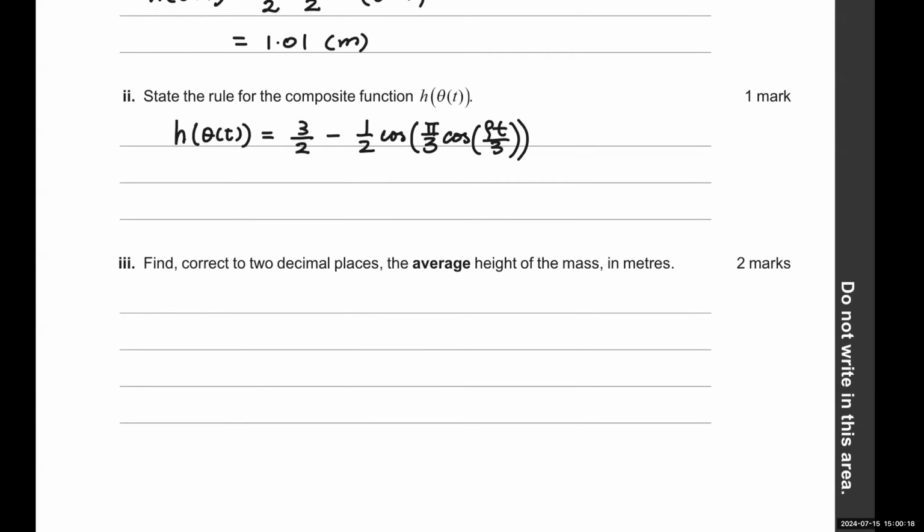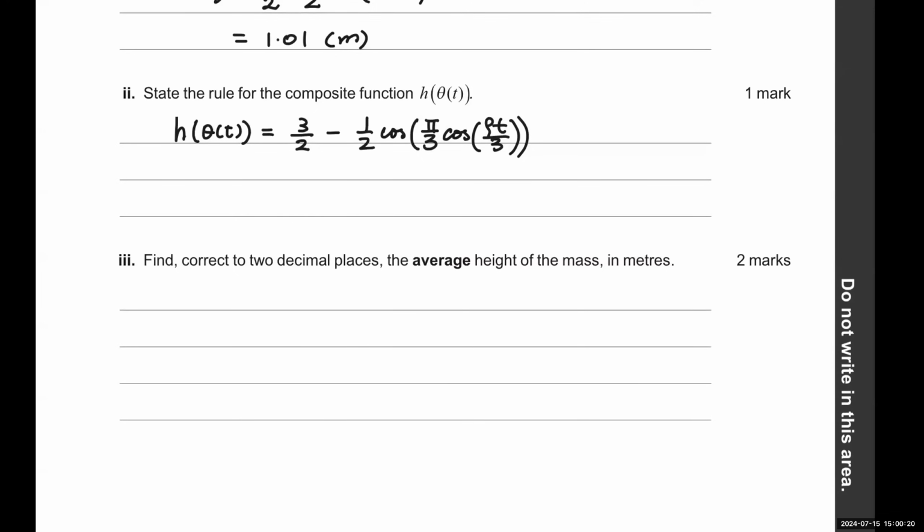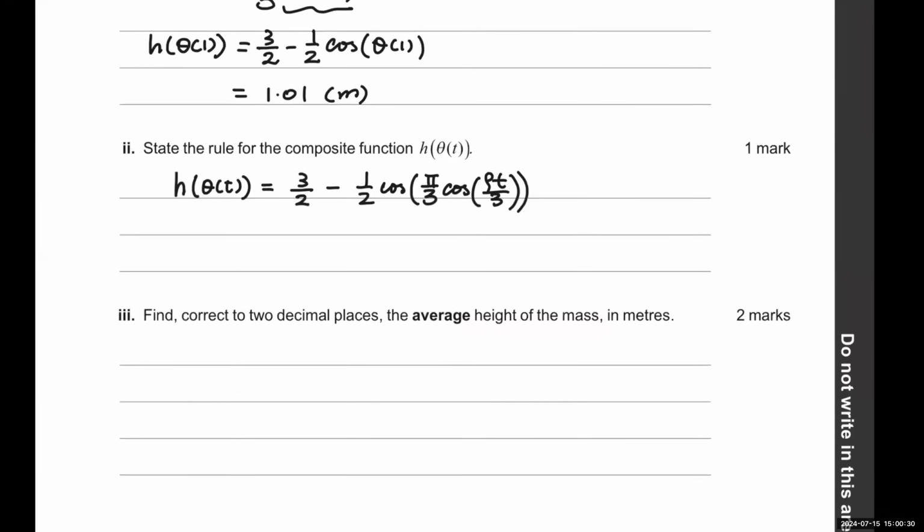Okay. Now, the last part says find, correct to 2 decimal places, the average height of the mass in meters. The question is, should I just use, let's say, 1 over pi over 3 minus pi over 3, integrating from minus pi over 3 to pi over 3 for h theta, d theta?